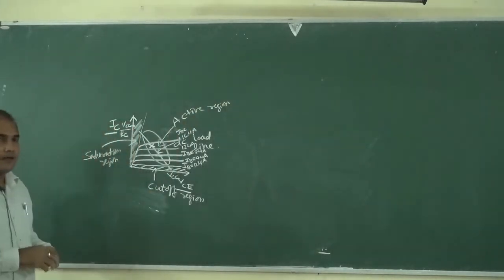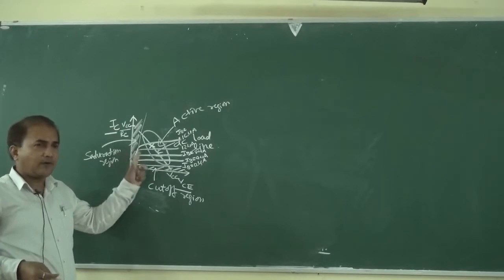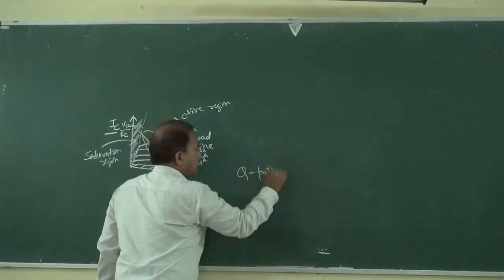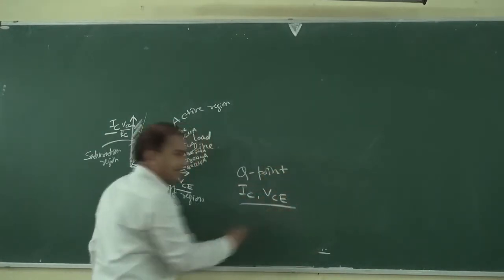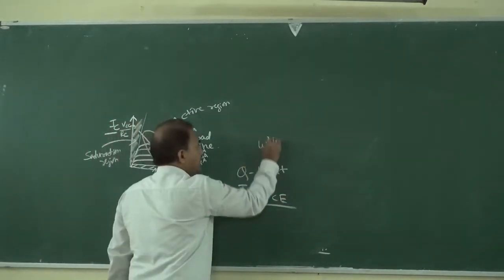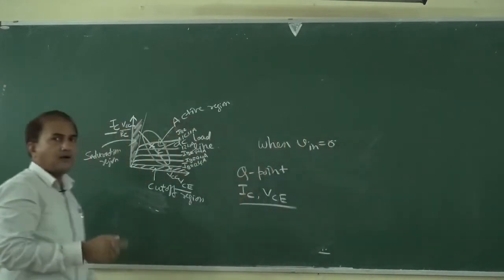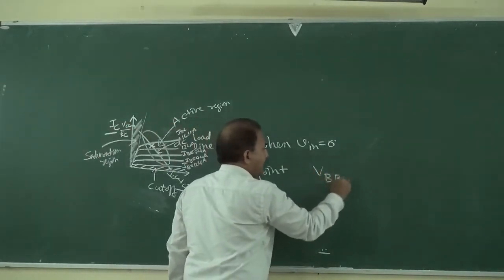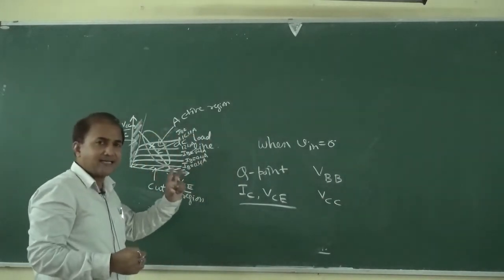The Q point is the value of IC and VCE under no signal, when Vin is equal to 0, so only VBB and VCC, only DC voltages, are present.